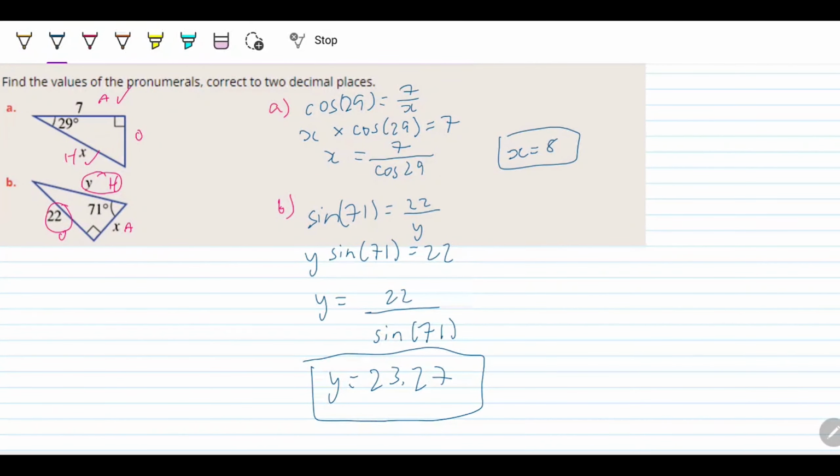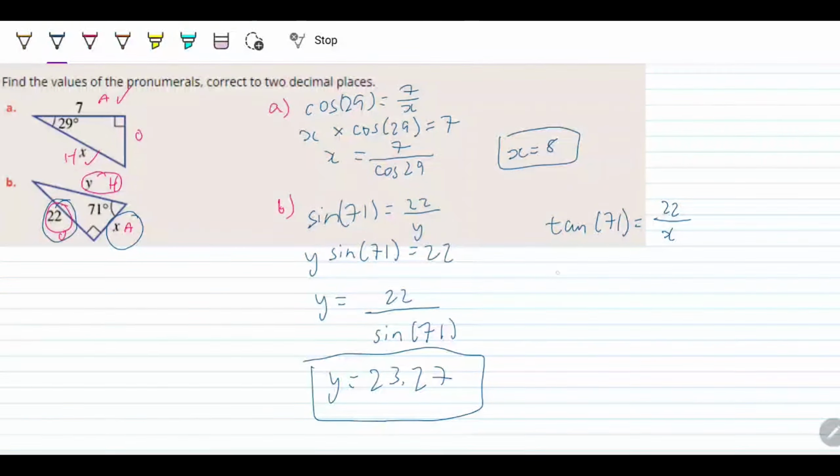To solve for x, we need to use this one and this one. So O and A means we're going to be using tan. So that makes it tan 71 equals O over A. O is 22. A is going to be x.